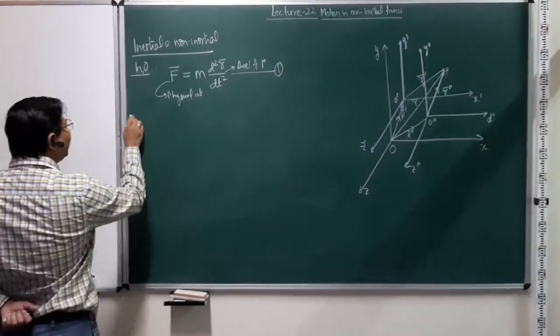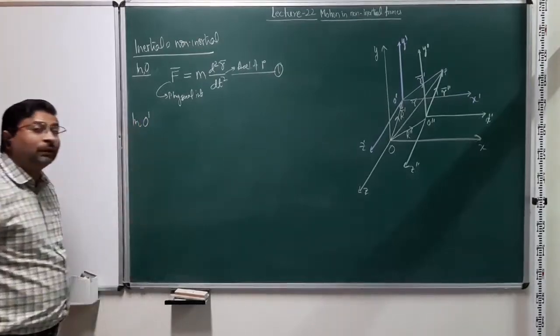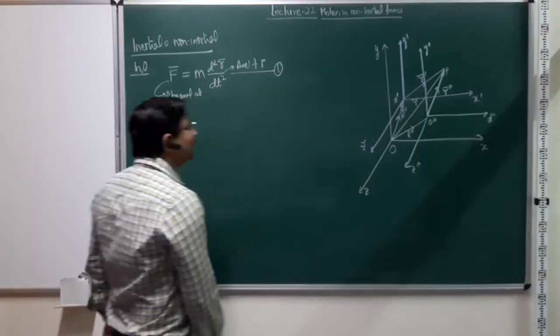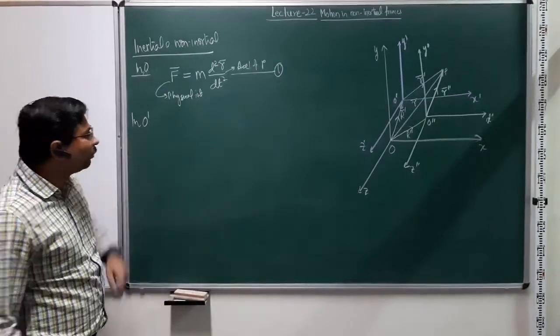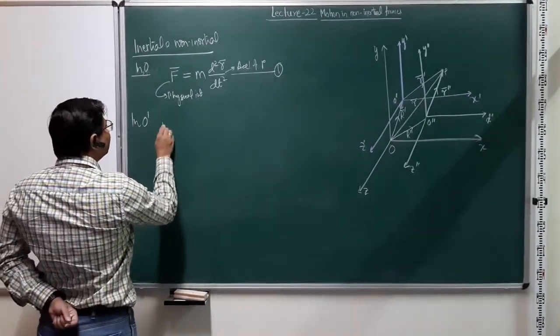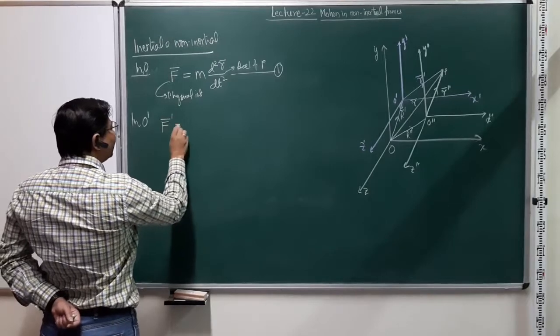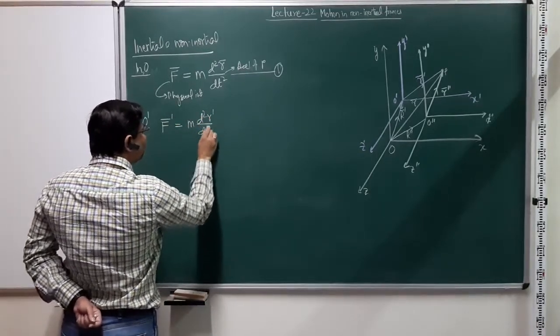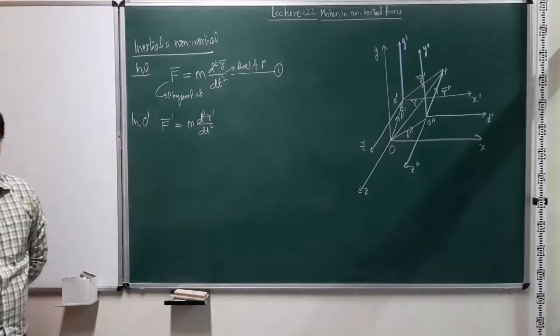Okay. What about O prime? So if I am looking from O prime, then from the point of view of O prime, the force F prime is m d2r prime over dt square, right?